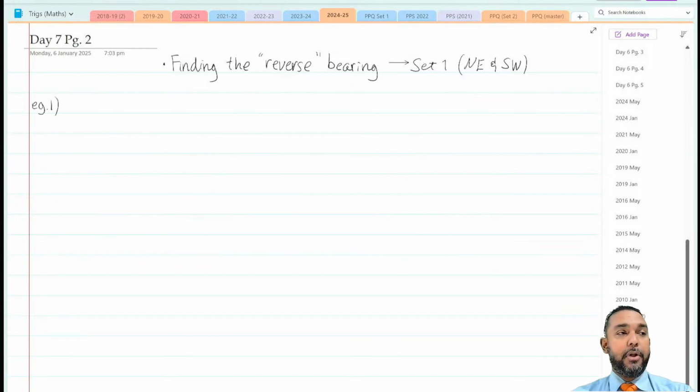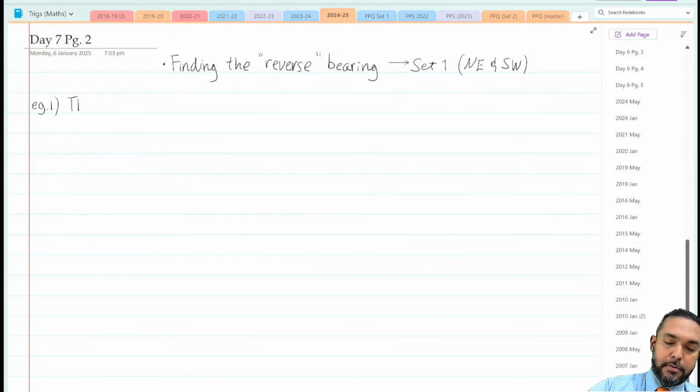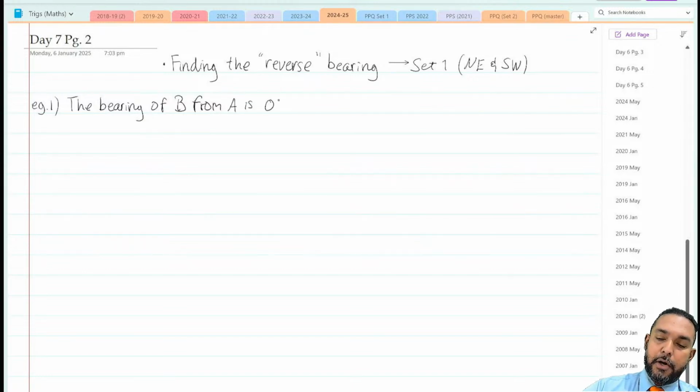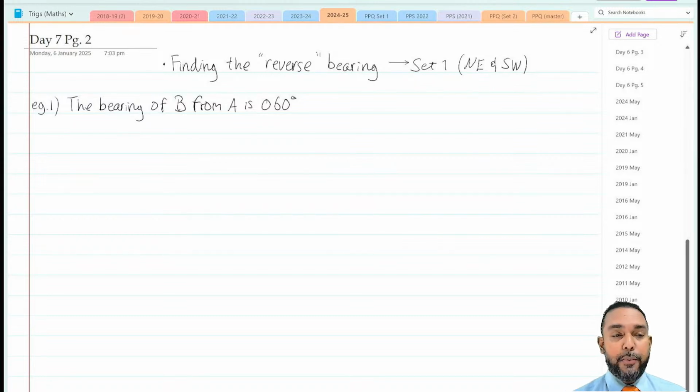In this example, the bearing of B from A is 060 degrees. Now, what you might be noticing here is that I'm writing three numbers instead of just 60 degrees. The way in which bearings are usually presented is in 3 digits. So even if you have a 2-digit bearing, you're going to put a 0 in front of it. So 060 is a 60-degree bearing.